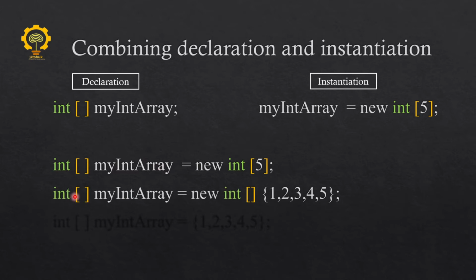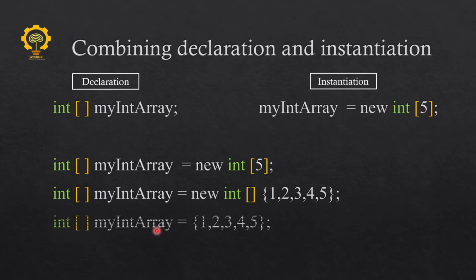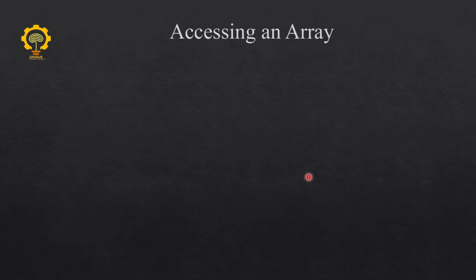Or we can also use this convention, and if we know the actual elements of an array, then we can use array literals like this in order to assign the elements to an array. Or you can even use this type of convention. So there are various conventions to be used. So we can use any of these conventions as per the requirements. So after the declaration and instantiation, let's see how to access the elements of an array.